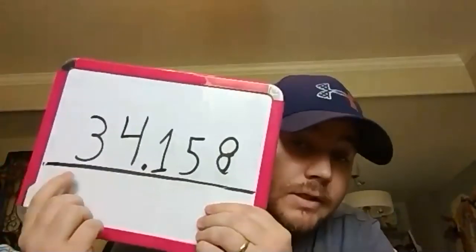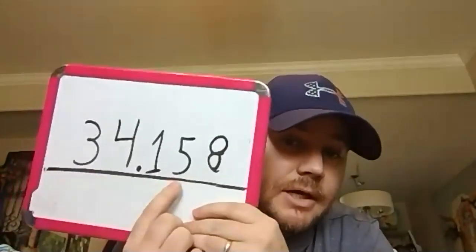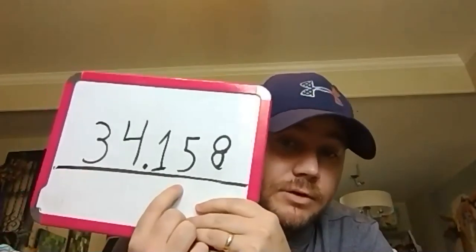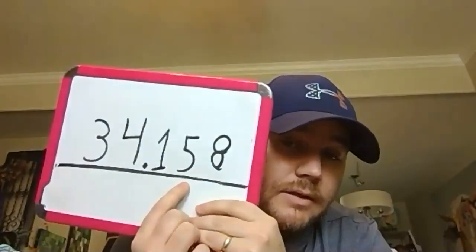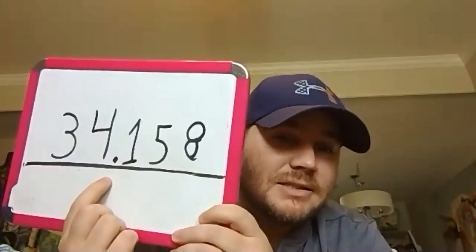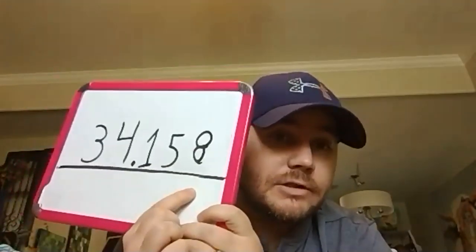We all felt pretty comfortable that the 3 was in the tens place. But right here, we had quite a bit of confusion again. Because this goes tenths and then this goes hundredths, right? So remember, anything behind the decimal has that TH on the end. It's the hundredths place.